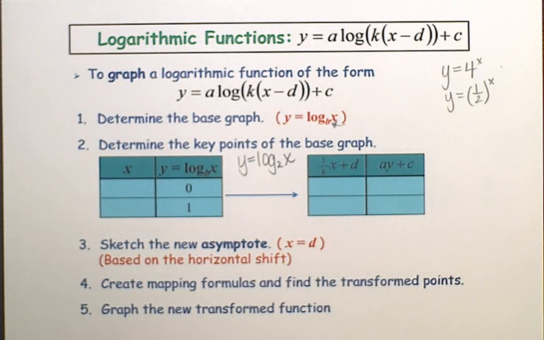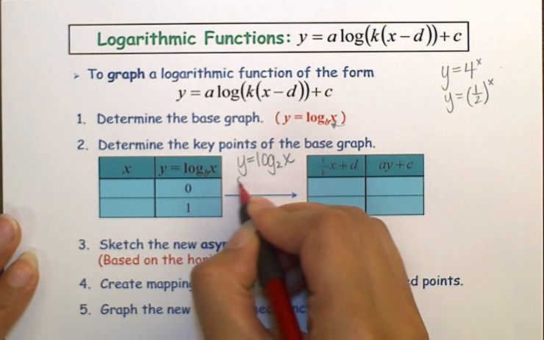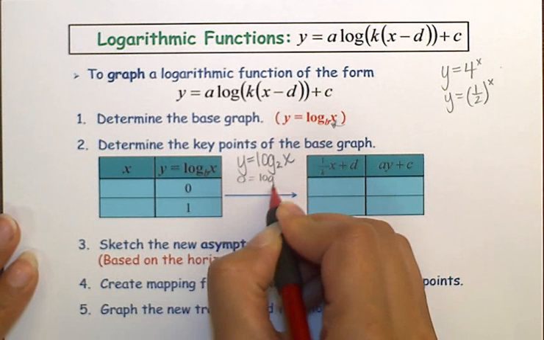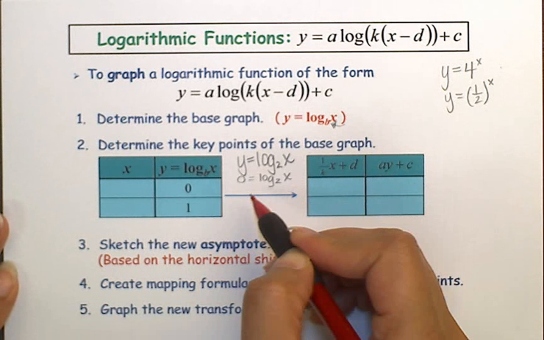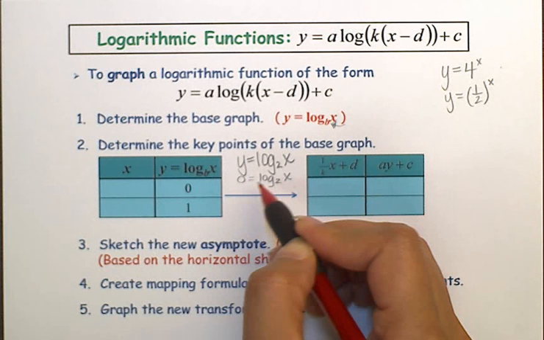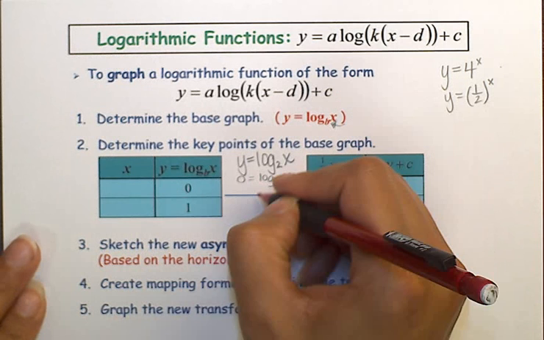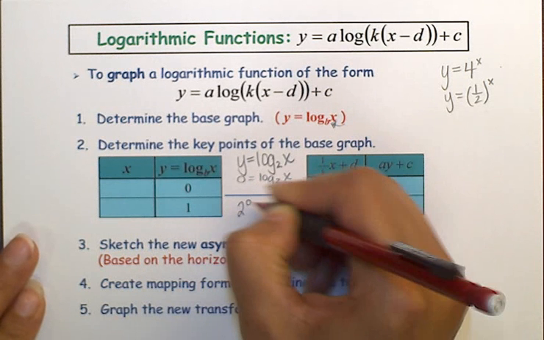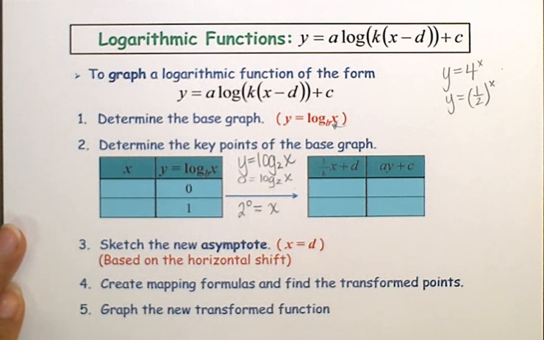So what I need to think about is if my y value is 0, what does the value of x have to be in order to have a y value of 0? So I know that this means 2 to the exponent 0 gives me some answer of x. So in other words, 2 to the exponent 0 equals some answer of x. And I know that that answer would be 1.